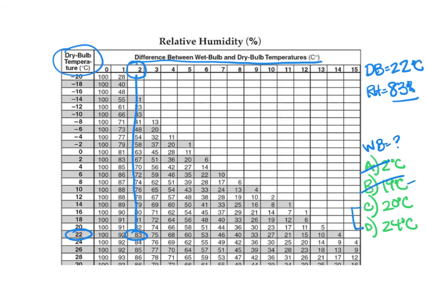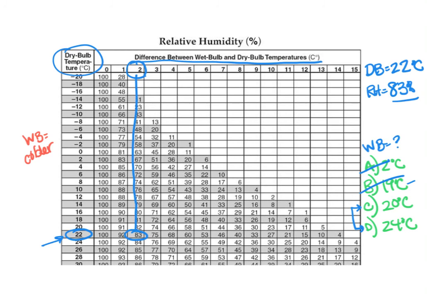It's got to be either C or D. Those are both 2 degrees off from the 22 degree temperature. So how do I know which one it is? Well, this is where you have to remember that the wet bulb temperature is always going to be colder than the dry bulb temperature.